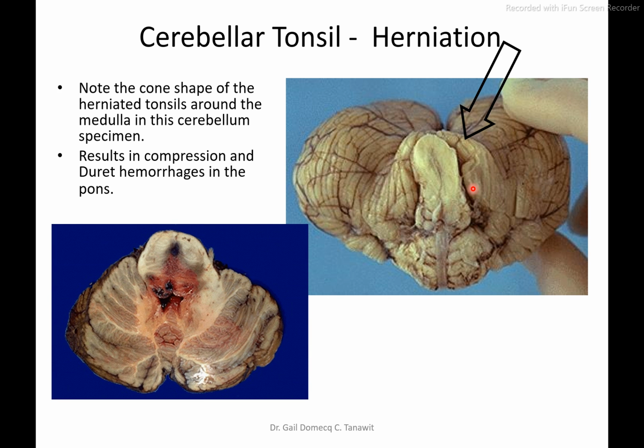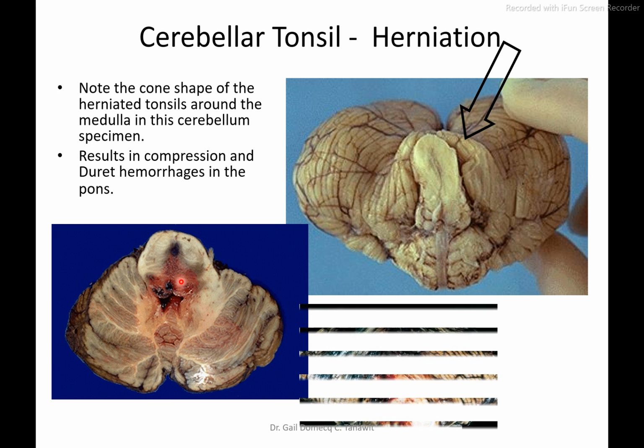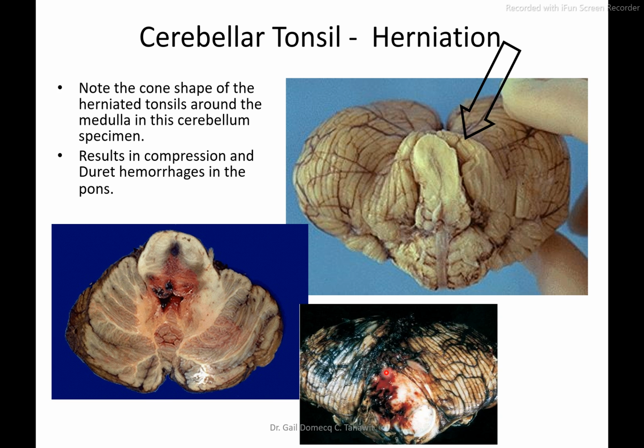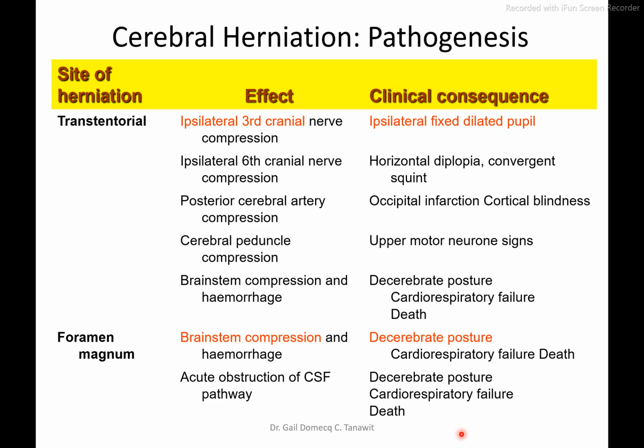So let's see the microscopic or the cut section here. There's a Duret hemorrhage here. Clinically, they would present with these manifestations. Transtentorial herniation can lead to ipsilateral third cranial nerve compression, therefore a fixed dilated pupil.